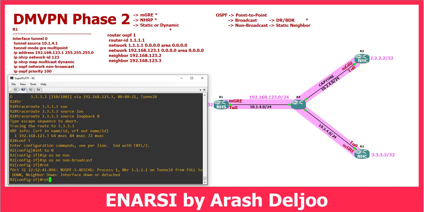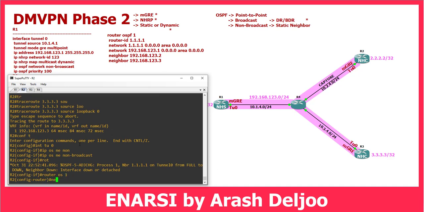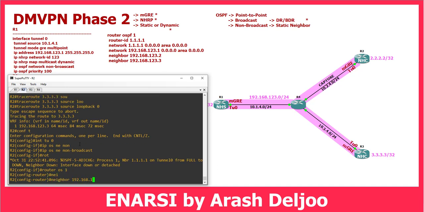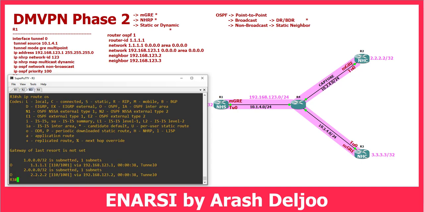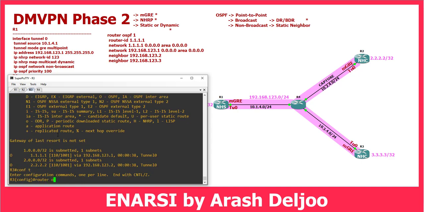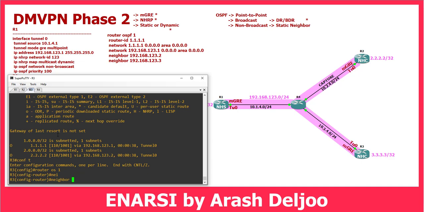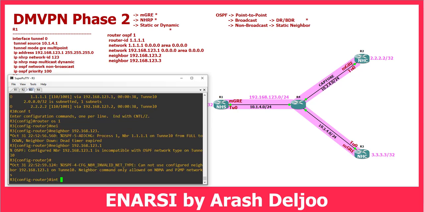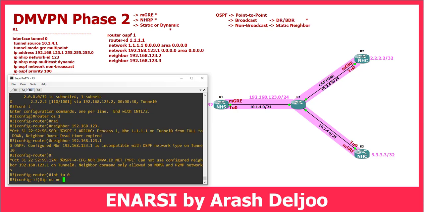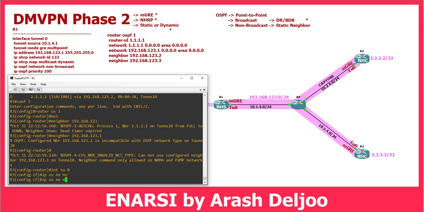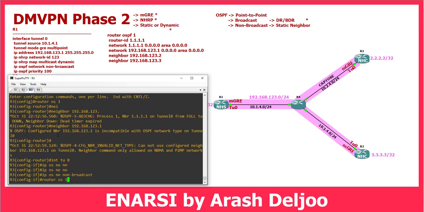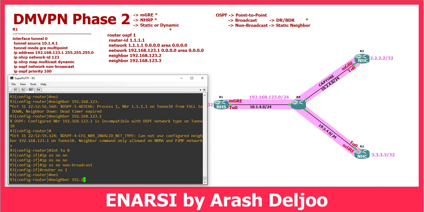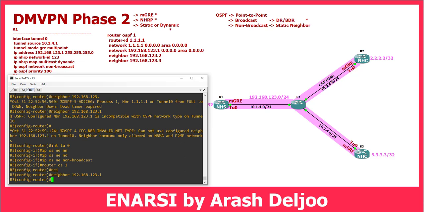Then router OSPF 1, the neighbor is 192.168.123.1. Then in router 3, conf-t, router OSPF 1, the neighbor is 192.168.123.1, and also under interface tunnel 0, we should configure IP OSPF network non-broadcast. So easy.